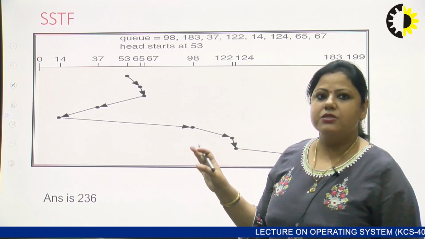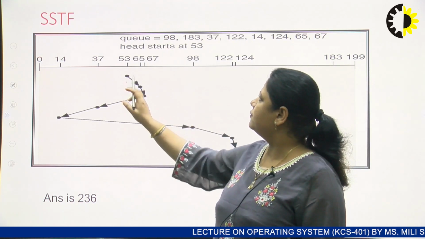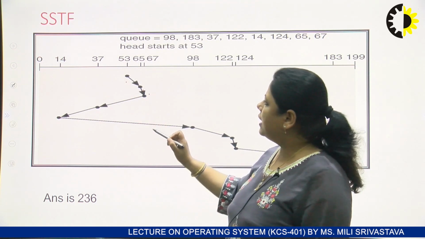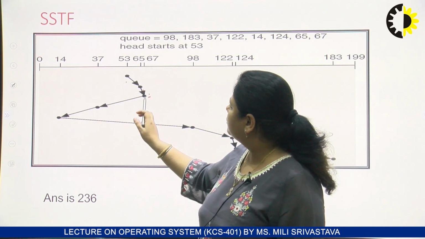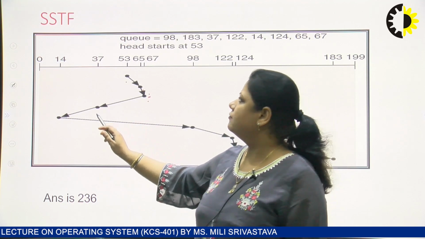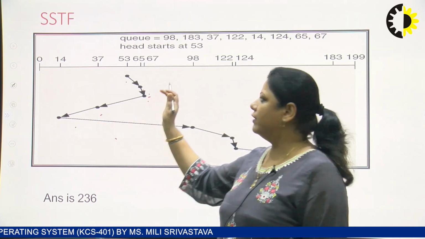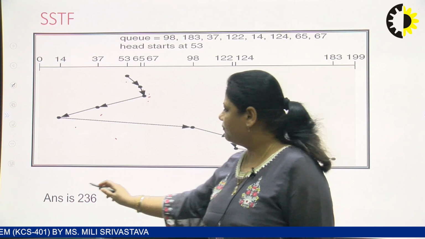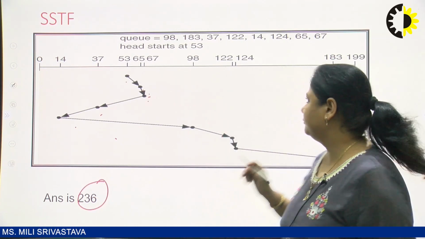When we solve this, 65 minus 53, 67 minus 65, 67 minus 41, 41 minus 14, the answer will be 236.